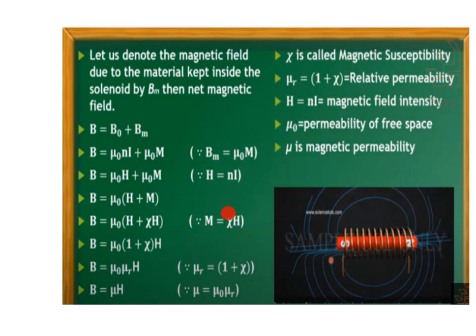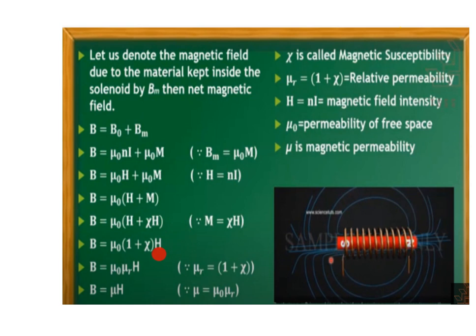So this equation can be put in this form. Therefore, net magnetic field B is equal to mu naught H plus chi H. So here in this equation also, magnetic field intensity H will be common.